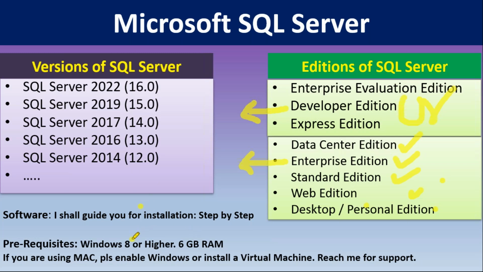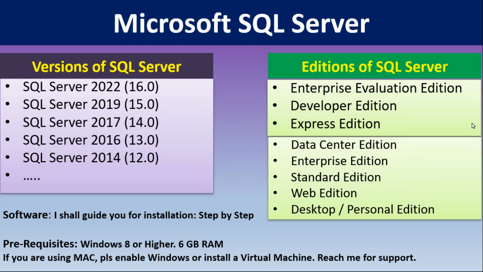We need Windows 8 or higher OS and 6 gig RAM minimum. If you are using a MacBook, please enable Windows inside the Mac so that we can happily proceed with our course, starting from scratch tomorrow. Let's get started with the installation now.